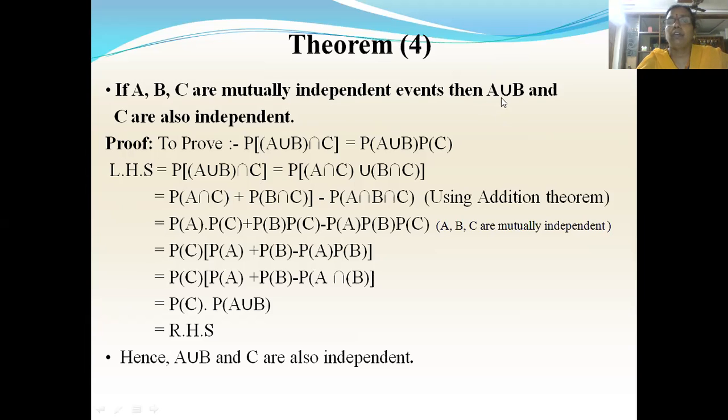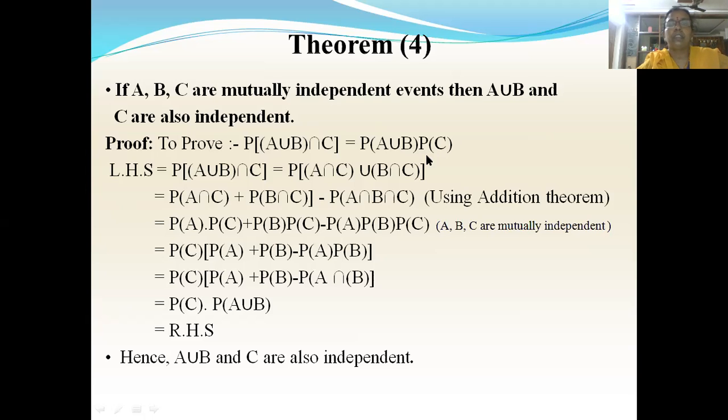That means P of A union B intersection C should be equal to P of A union B into P of C.